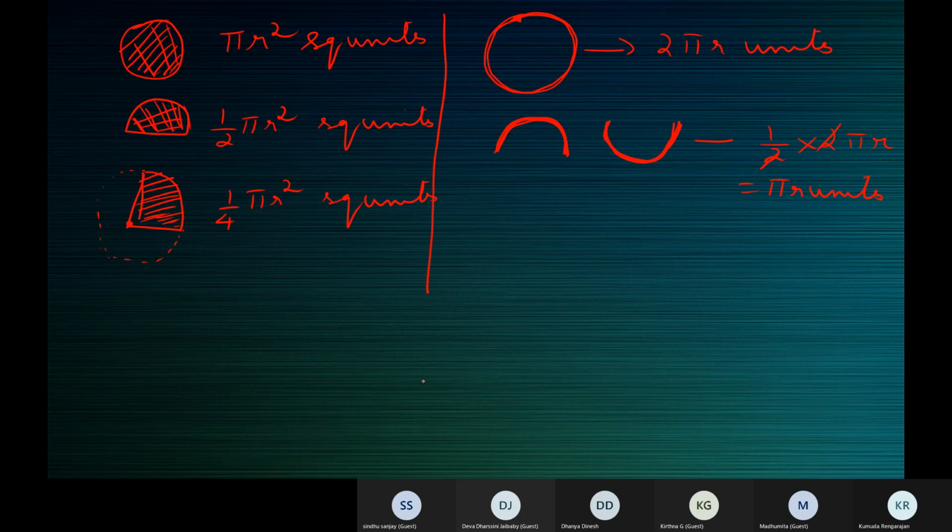Yes, ma'am. All right. Now, when you cut this circle into 4 equal pieces, each piece will look like this. This is what I can do with the pen tablet.